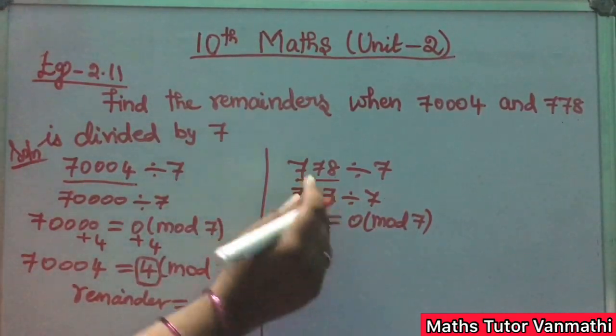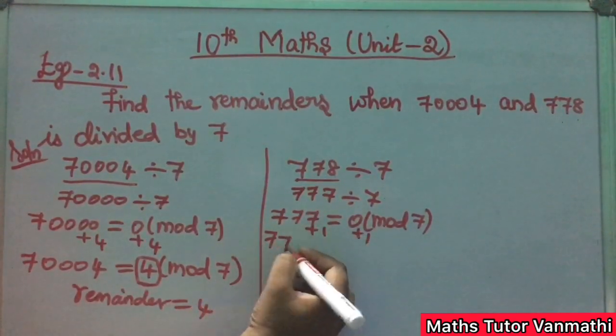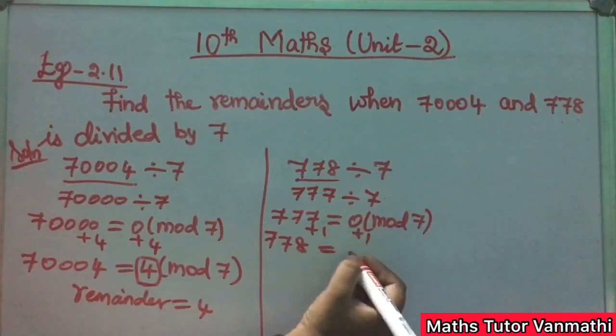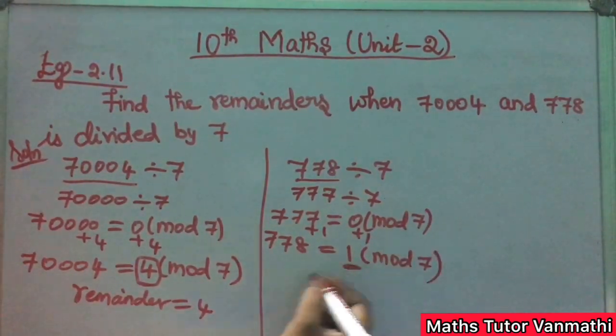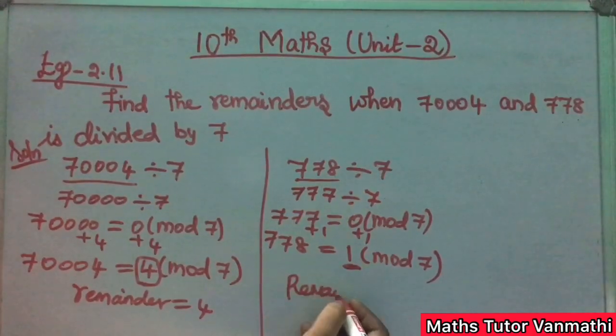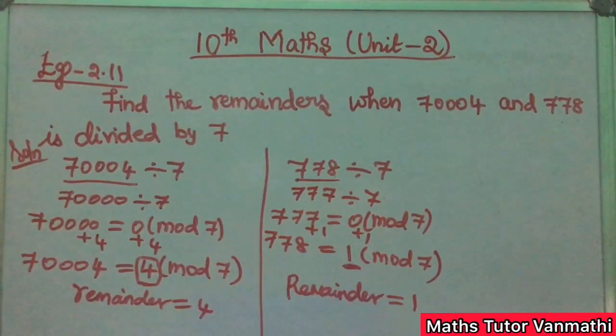Then adding, what we need, 778. So adding 1 on both sides, you will get 778 is equal to 0 plus 1, which is 1 mod 7. This is your remainder, no? So therefore remainder is equal to 1. The remainder when 778 is divided by 7 is 1. Clear? Understood? Next we can move on to the next problem.